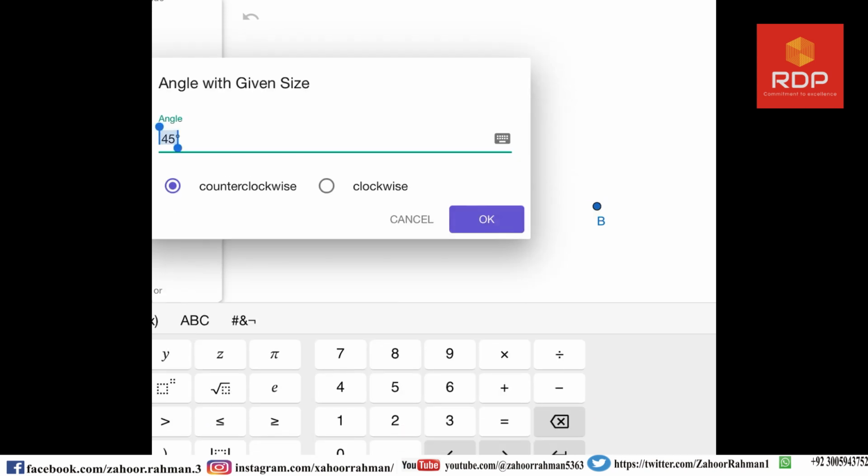So this is A and B. Now we are going to draw an angle at point A, and that is an angle of 20 degrees. So I have to select first this point and then this point, and then I have to write 20 degrees and then click on OK. So ladies and gentlemen, that is the angle.